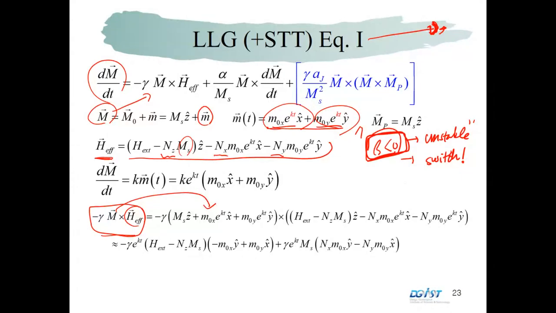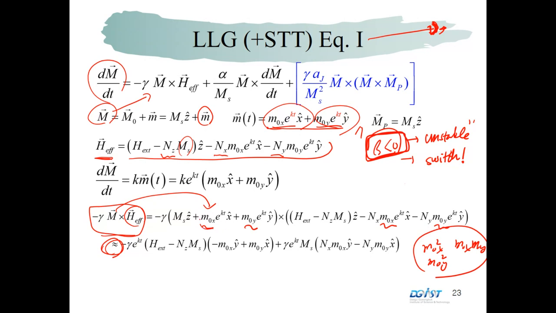But here, we take the linear approximation. We already assume this m0 term is small enough. So let's ignore the m0x square or m0y square or m0x, m0y. That's the second order.